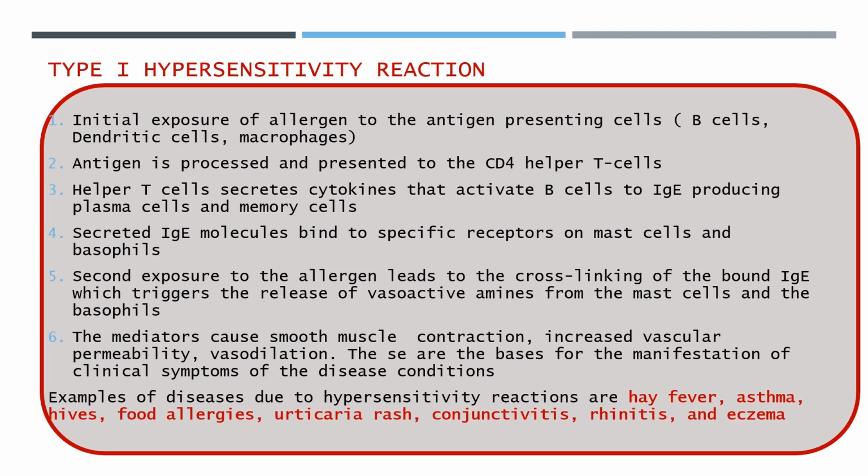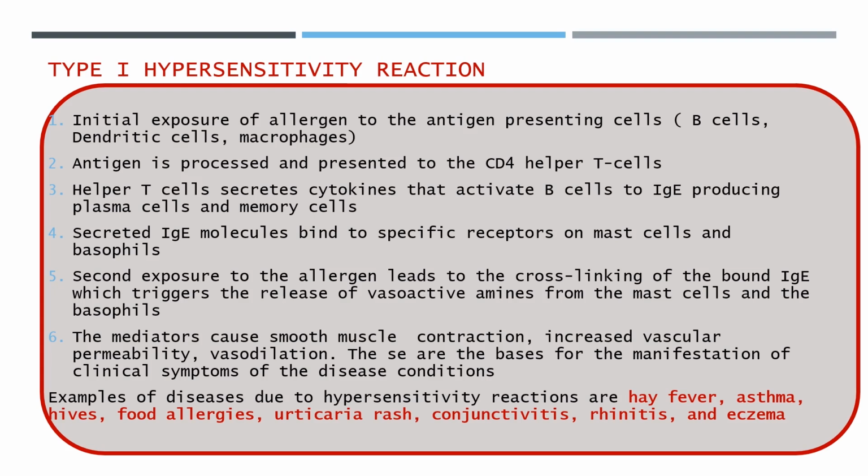When there is a second exposure to the same allergen, because of previous exposure, these antibodies cross-link on these effector cells and they trigger the release of vasoactive amines from these mast cells and the basophils. And once these vasoactive amines are released in circulation, they cause either muscle contraction, increased vascular permeability, or vasodilation.